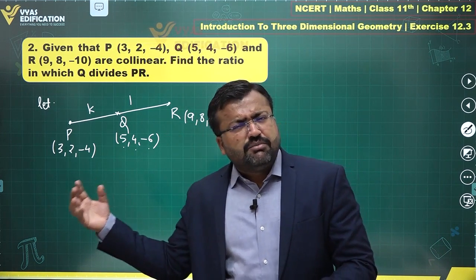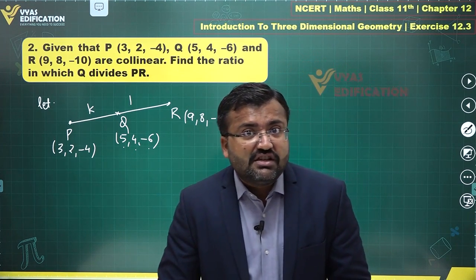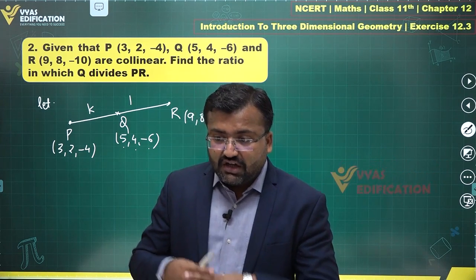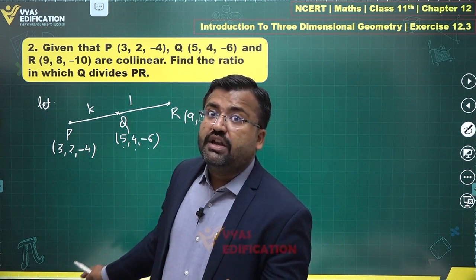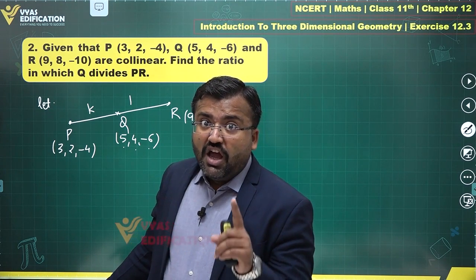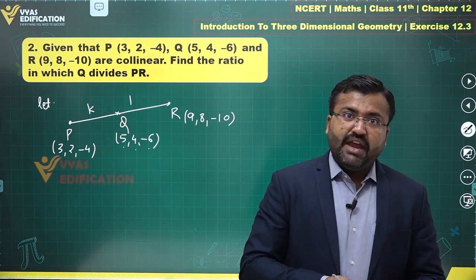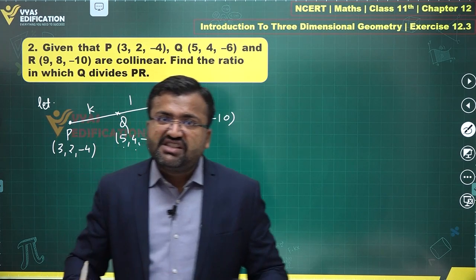There may be a possibility of inconsistency. What kind of inconsistency? Okay, we get one value of K from one equation, another value of K from another equation, another value of K from another equation. In that case, the points will not be collinear, mind you. For collinearity, the value of K from X, the value of K from Y and the value of K from Z should be same.